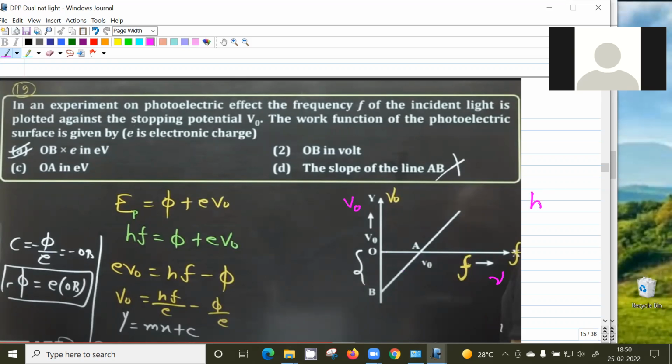Basically, we use h nu equals phi naught plus T naught. When you apply the stopping potential, the energy produced by the stopping potential should compensate for this kinetic energy. So from this we get the relation between nu and V naught.